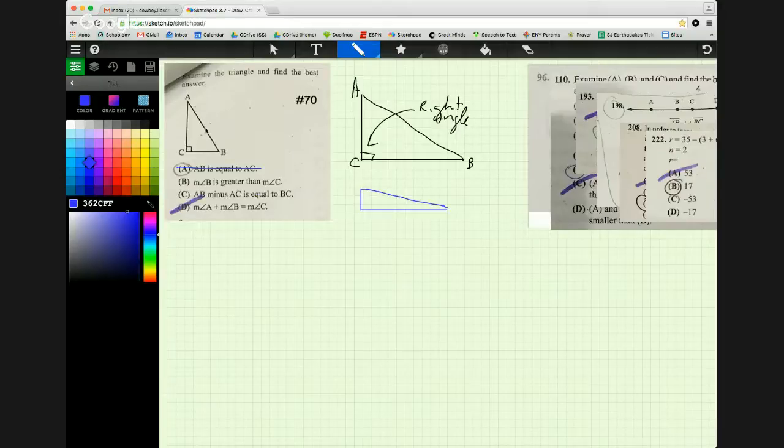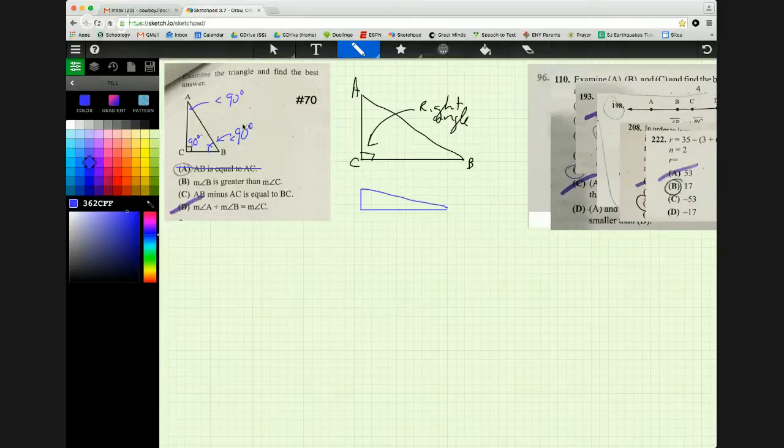Now, is the measure of angle B greater than angle C? Well, we know that angle C, since it's a right angle, is 90 degrees. And we know that angle A and angle B must be less than 90 degrees, because a triangle only has 180 degrees in it.